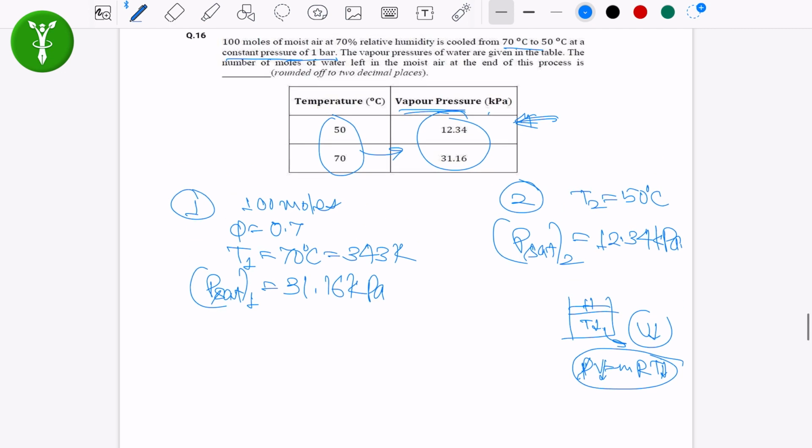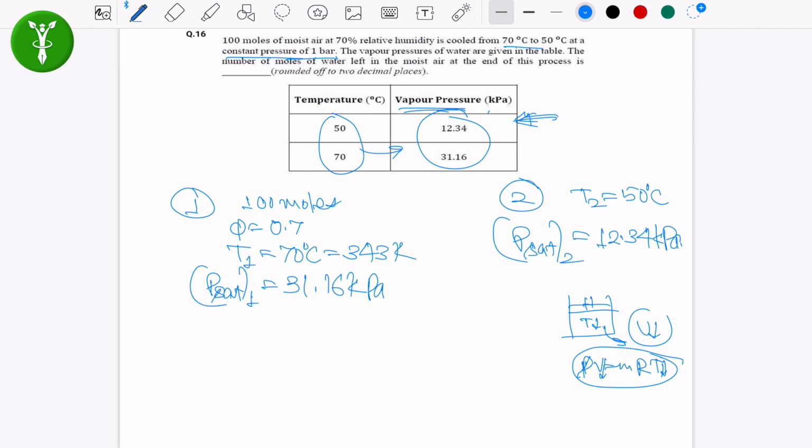The mixture of dry air and water vapor is moist air, so it already follows the ideal gas equation. We don't have any information about the volume at 1 and 2, but we only know that V1 is not equal to V2. Also note that the composition of dry air in the moist air will be constant.